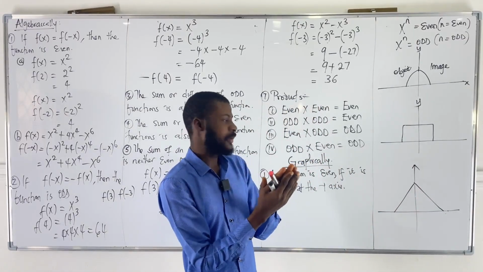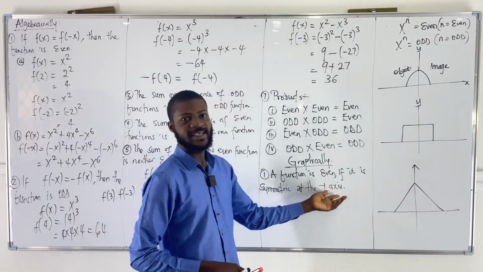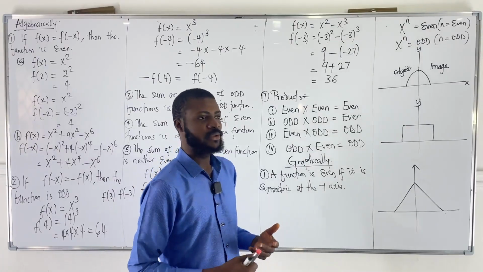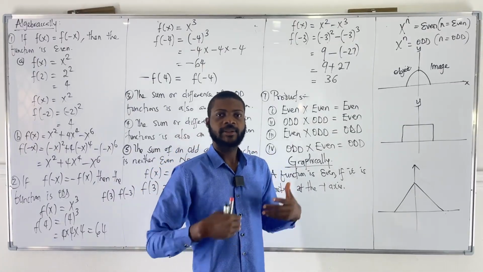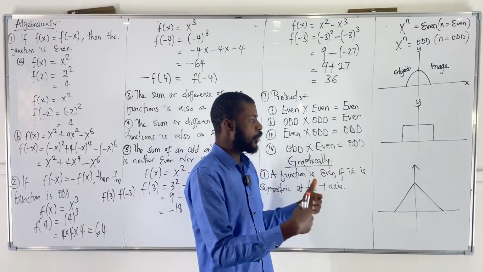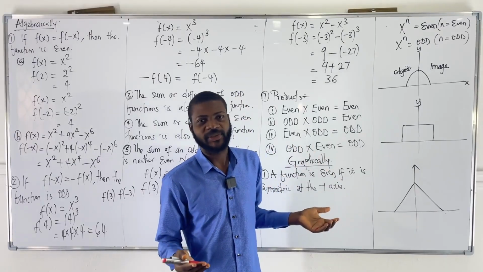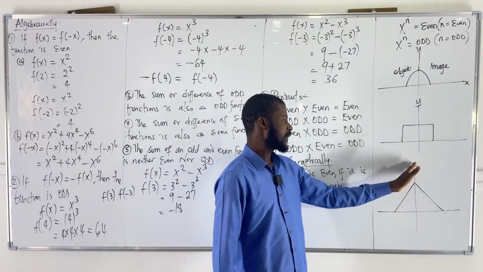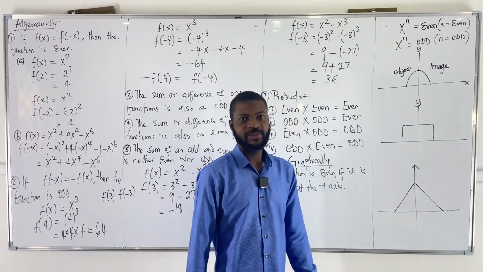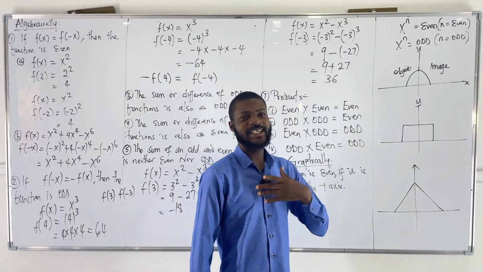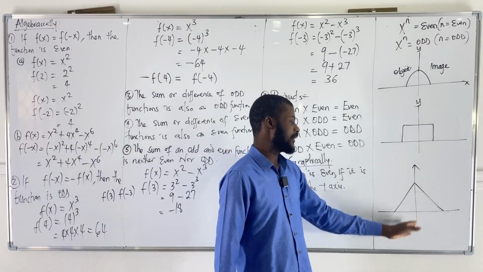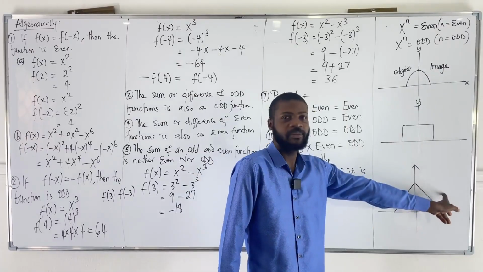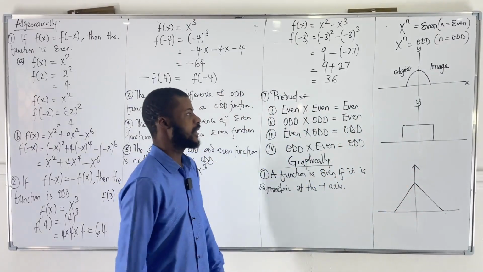Or you could even say that at the y-axis there's a reflection. Most times you try your best to pretend as if you're a function and you're standing in front of a mirror. Pretend as if you are a function, then the line is a mirror. If this is you, how would the reflection of you be on the other side of the mirror? So that is what an even function is.